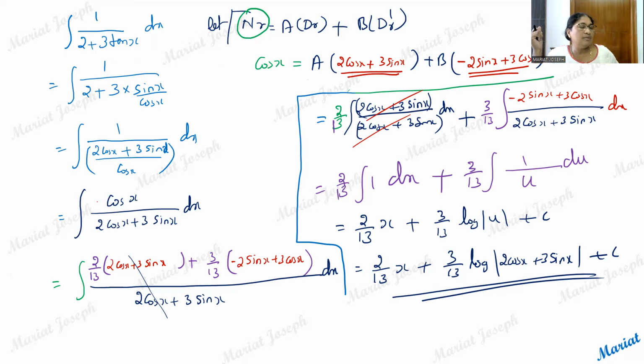Look in the textbook, exercise 7.2. Do you see that question there? Here I did it in a more generalized example. I took the coefficients 2 and 3. When you have 1 upon 1 minus tan x also, you will convert into sin x and cos x, and you will change it into denominator's derivative and denominator.